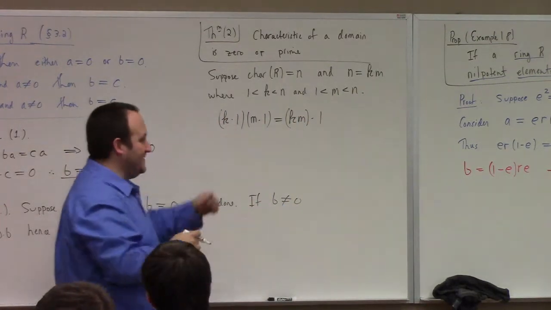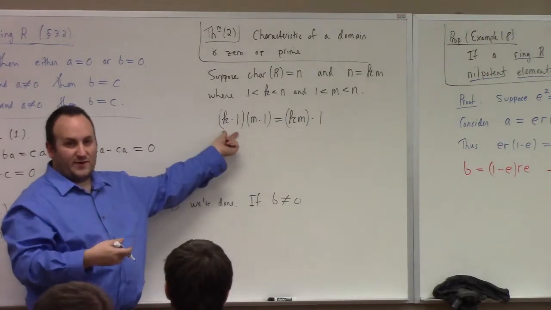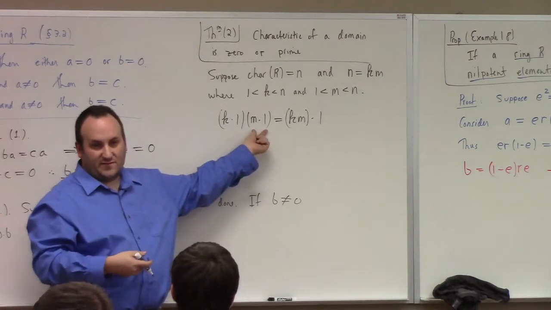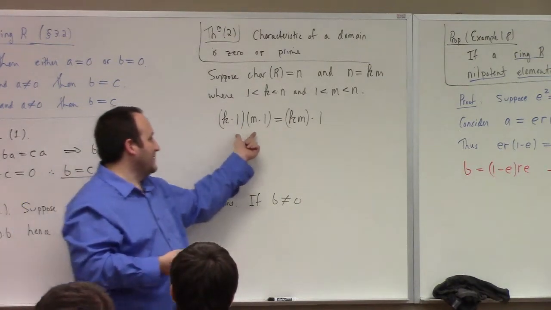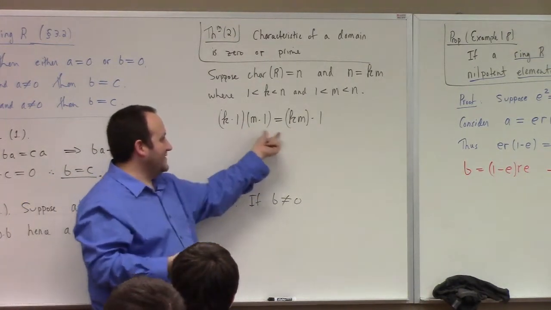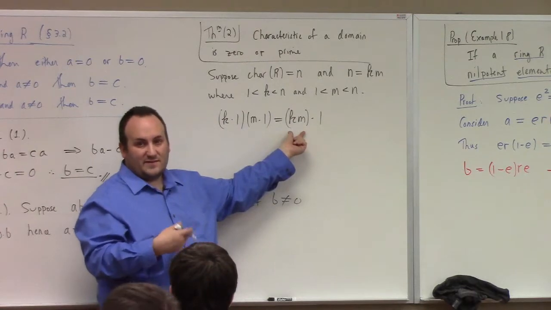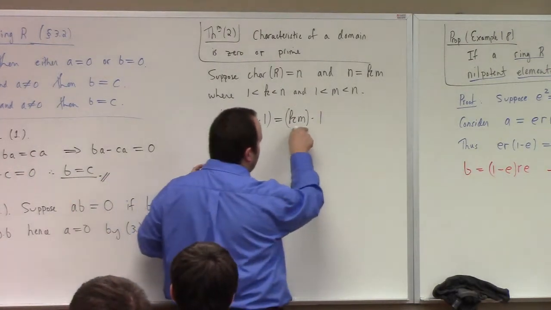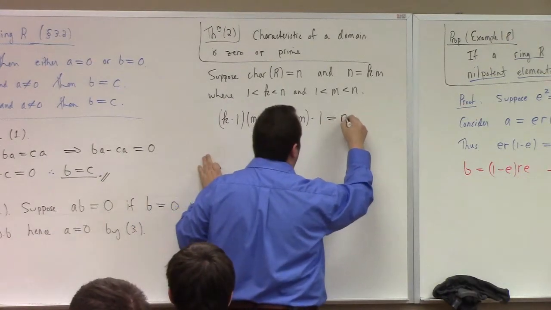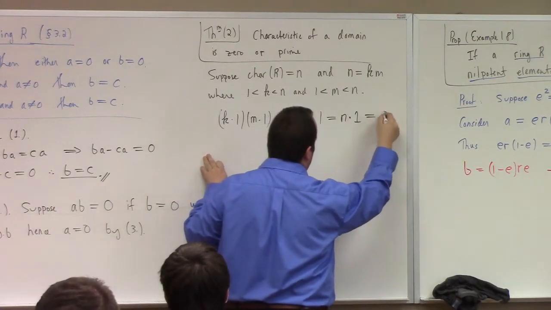This is notation for k-fold additions of 1. This is notation for m-fold additions of 1. And one of our laws of ring arithmetic is that that's the same as km additions of 1. So this, of course, is n, and by definition of characteristic, this is 0.